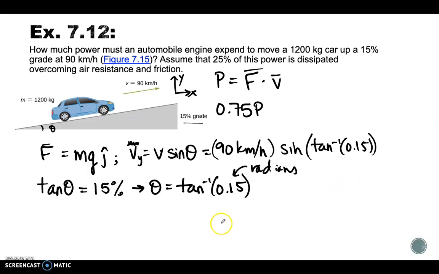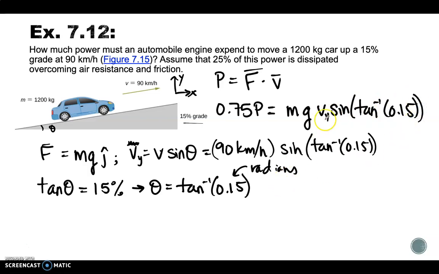All right, so we can plug all of this in, and we know that we're just looking at the y component, so we can say mg times v sine of tan inverse of 0.15. Okay, so this is our equation.